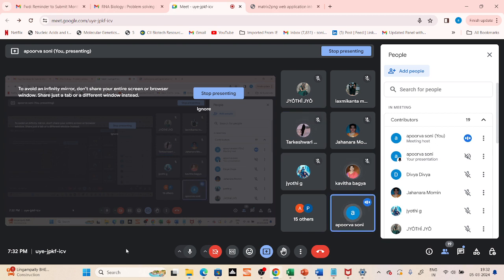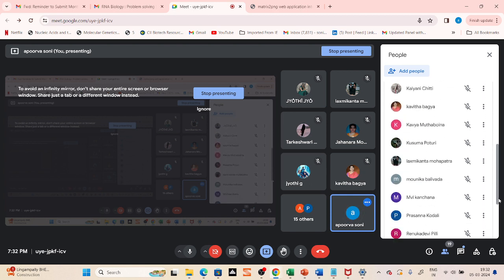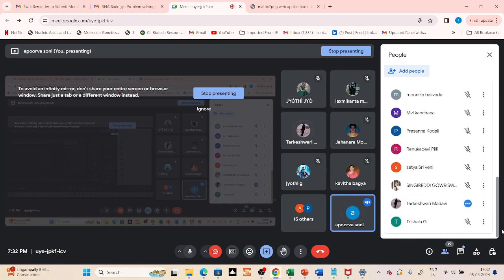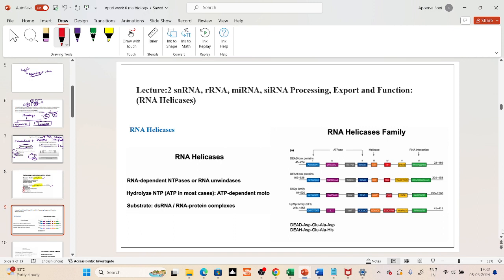So Kavita and Tarkeshwari, I'm sorry if I'm pronouncing your name incorrectly. Tarkeshwari. Okay. So Tarkeshwari and Kavita, you both have told the correct answer. Helicase means that it is unwinding, and when it unwinds, it also helps in creating single stranded copies. So we have also studied about helicases.